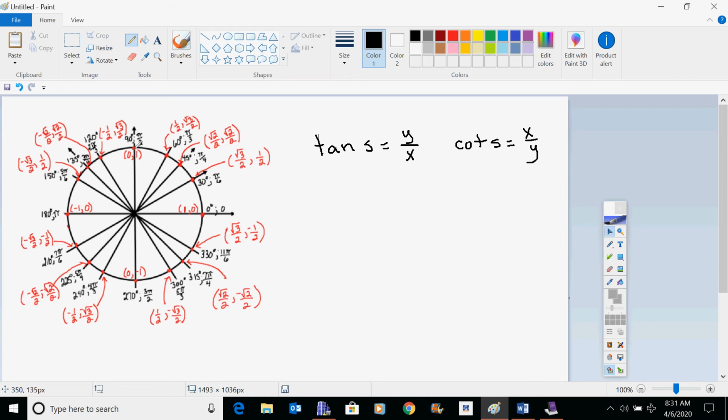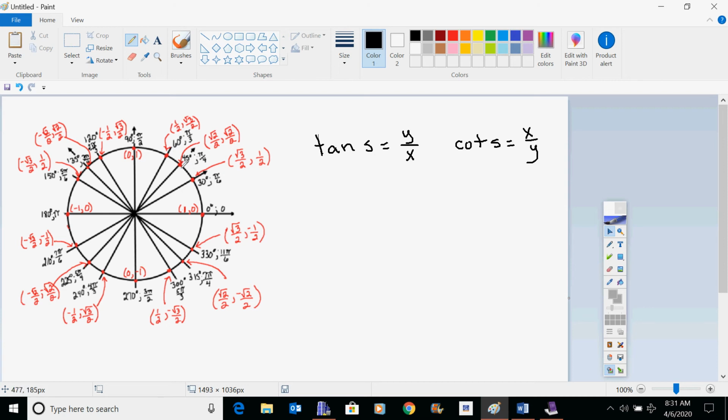And another thing that's important, when you take y over x in this location, you get a number over 0, which means that you have an undefined value. And that's going to be super important in our understanding. The other values, of course, are taken by doing y over x, so you could look at pi over 3.